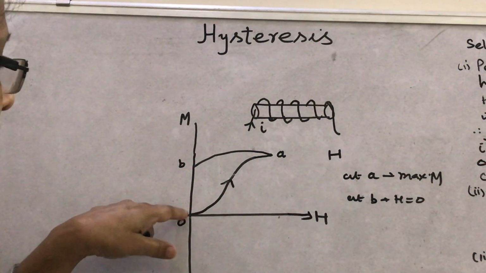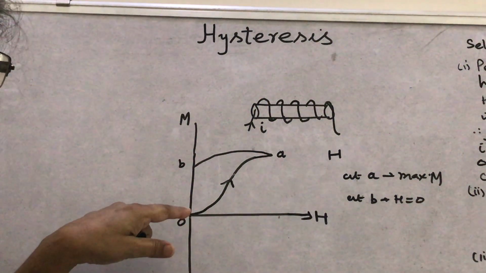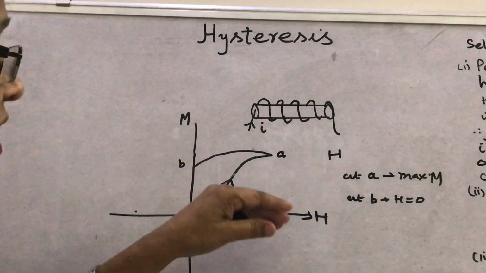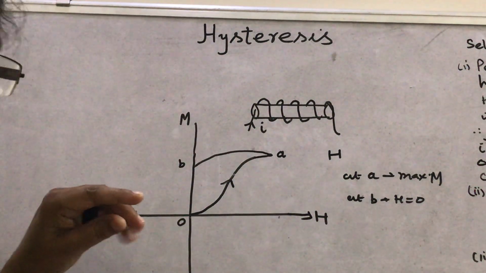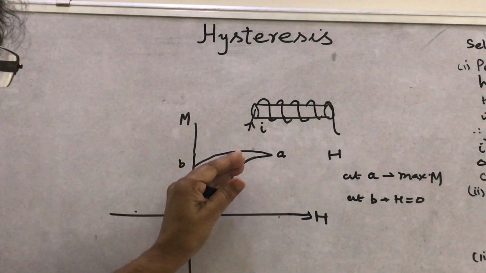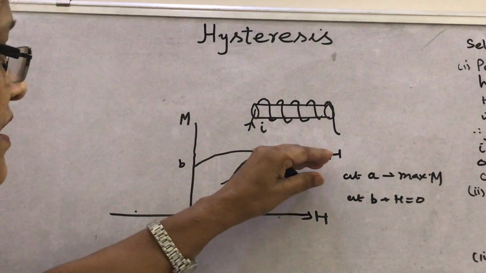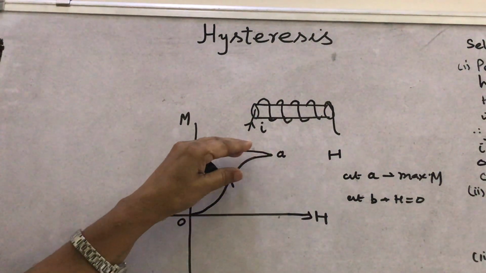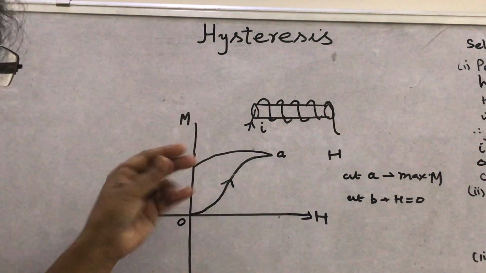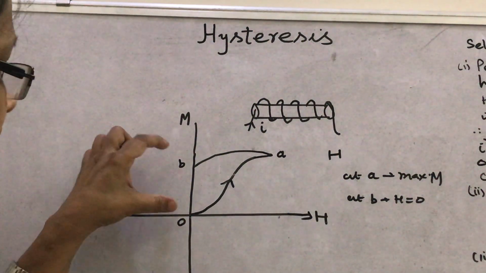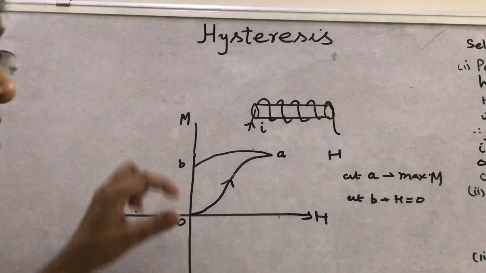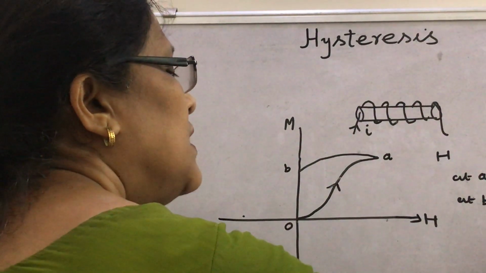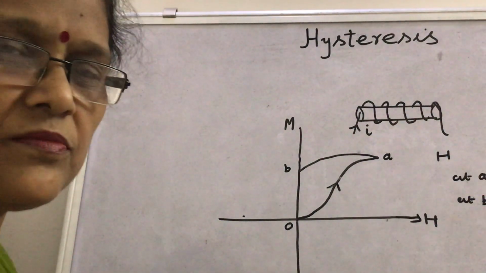Still the magnetization persists. We say that magnetization is lagging behind H. When H increases, magnetization increases, but when H decreases and becomes 0, still the magnetization persists in the substance. So at B, H is 0, but M is not 0.